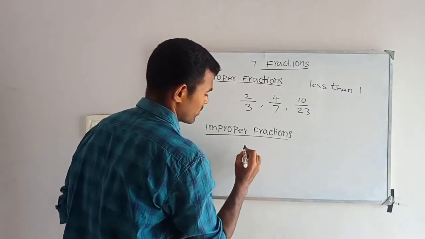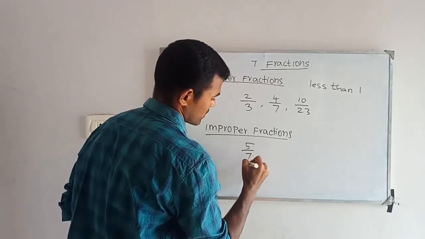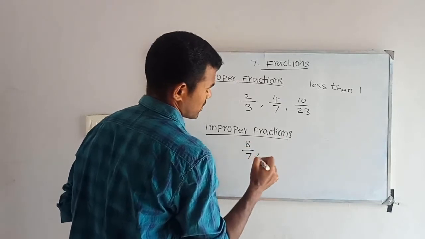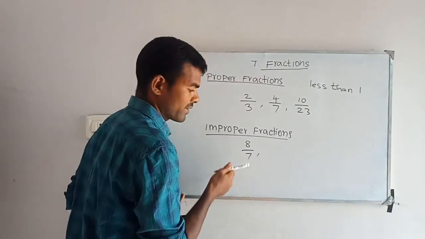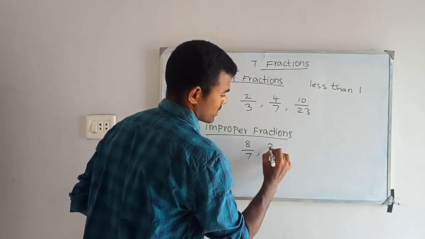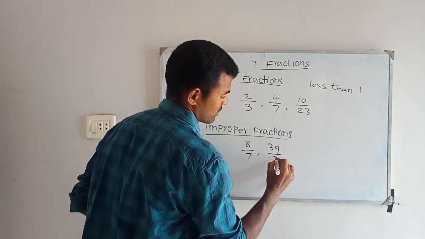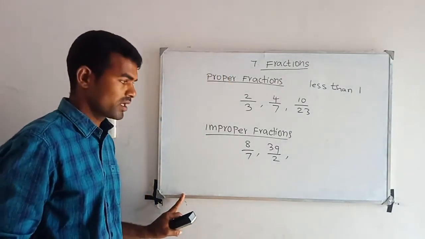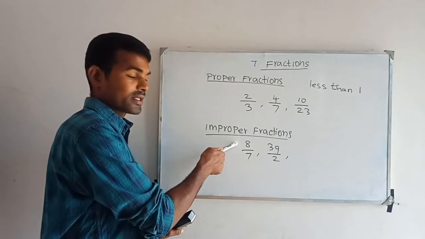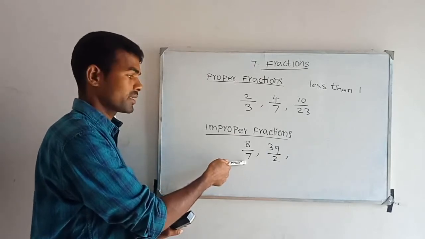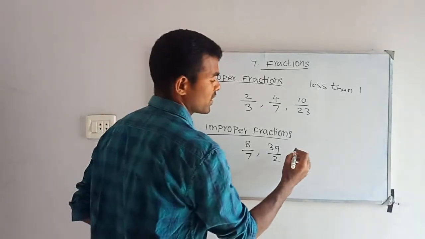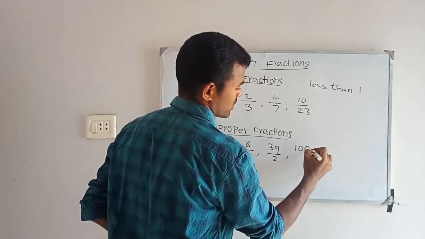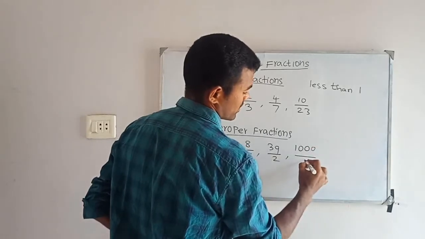See the number 8 by 7. Fractions in which the numerator is greater than the denominator. Yes, this kind of fraction is an improper fraction. 1000 by 3.